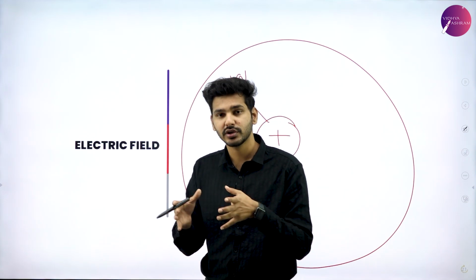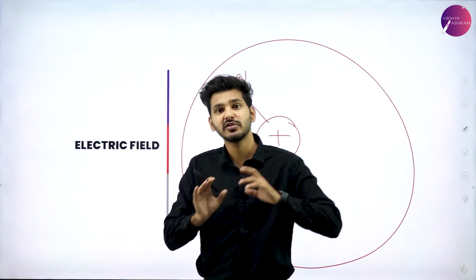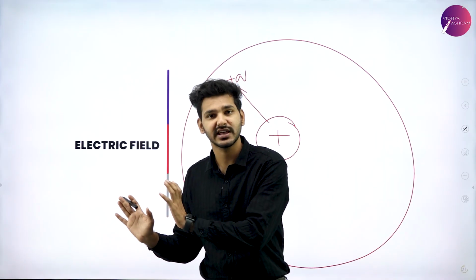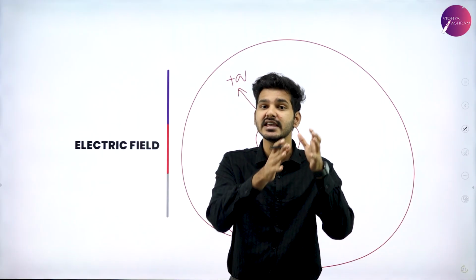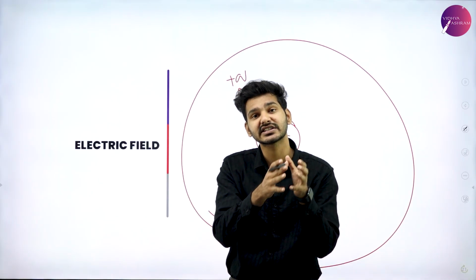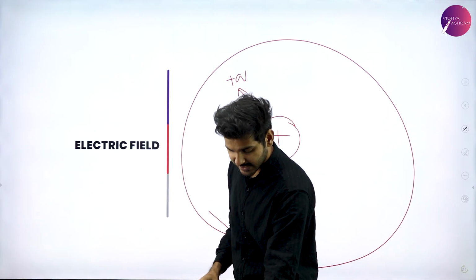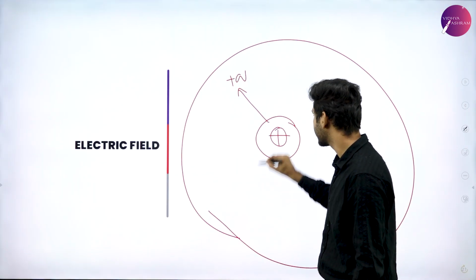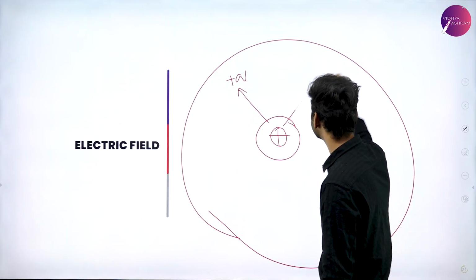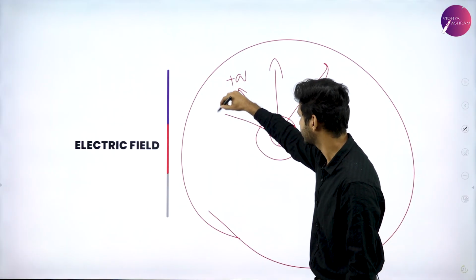If it's a free flowing river, you will feel a push. You will feel the force of the river pushing against you. Here, you are the unit positive charge and the river is the representation of the electric field. So again, imagine that there is a sprinkler, which sprays water in all directions like this.